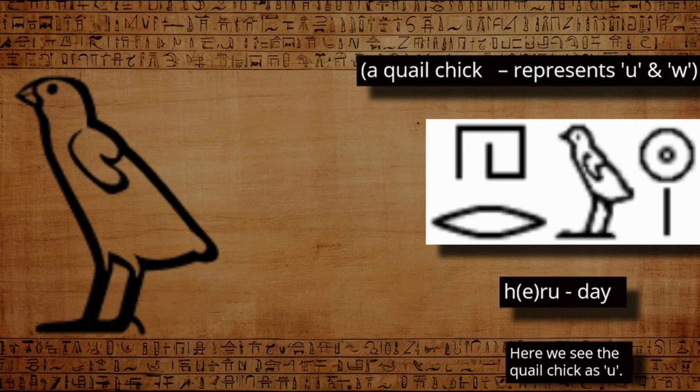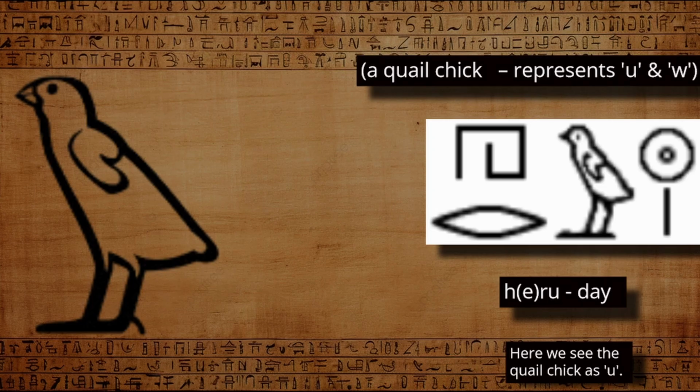In the word heru, which means stay, you will see the quail chick sitting in a different spot. And here's the simplified rule. It's read as v when it starts a word. It is read as u when it is either in the middle or at the end. And if you're curious, I can share in the comment section a deeper dive into this topic. Just let me know. We are almost there.